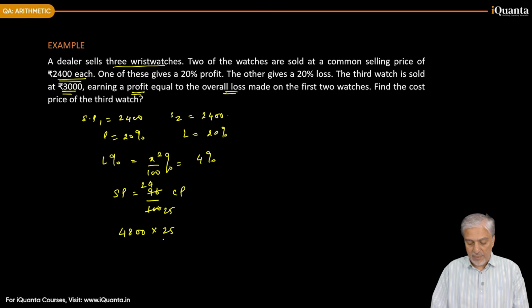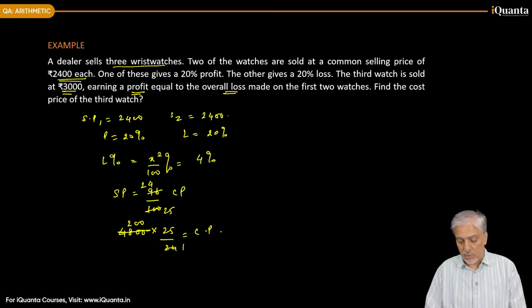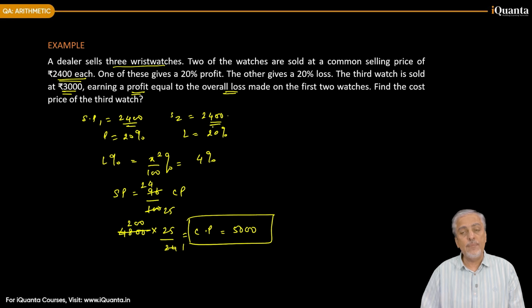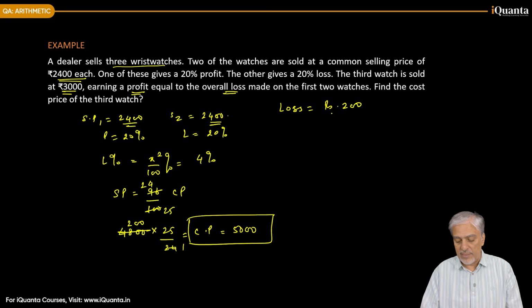Into 25 upon 24 will give me the cost price. 24 2s are 0, 0. So cost price will become 5,000. So the combined cost price of both the watches was 5,000. Right? The combined selling price was 4,800. Therefore, the absolute loss in rupees will be 200 rupees. The absolute loss is 200 rupees.